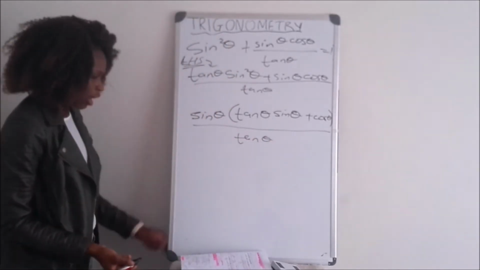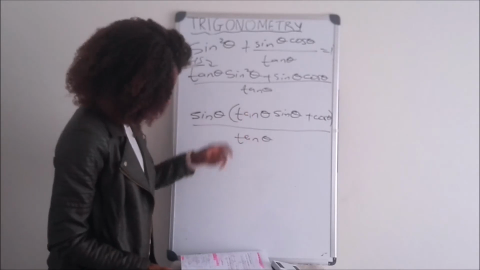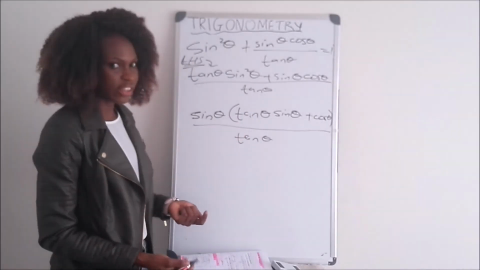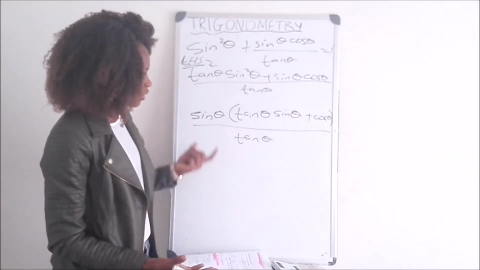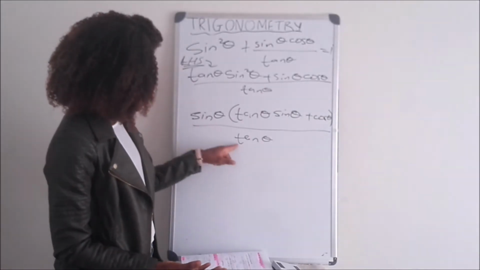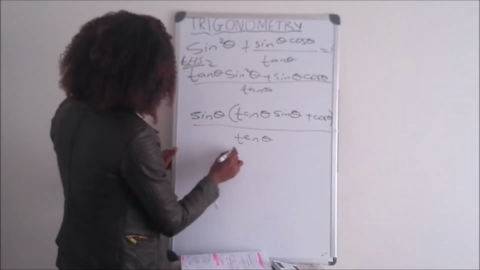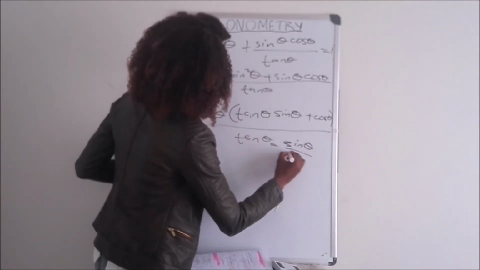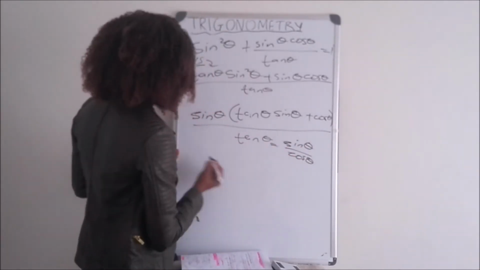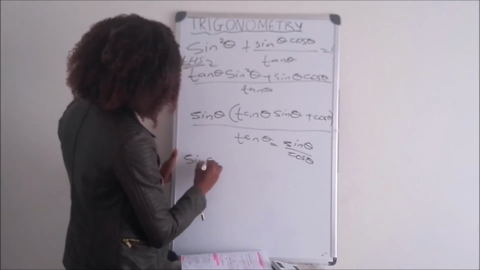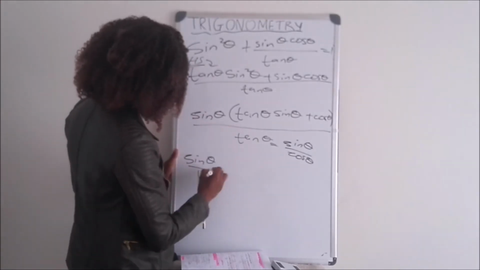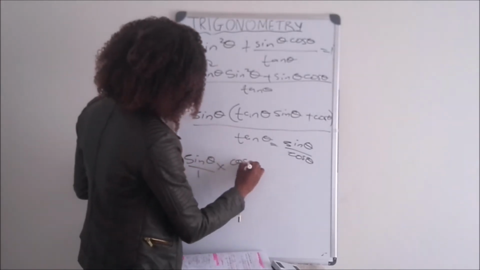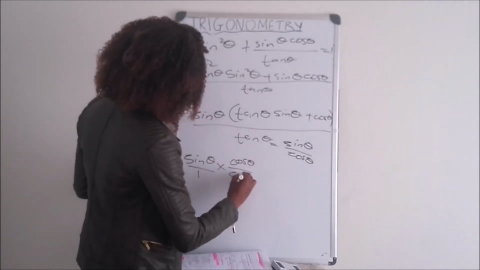Alright, from here now, remember tan theta, we can change it to be sine theta divided by cos theta. But looking at them, they won't cancel out, so let's first look at the tan theta. Tan theta is equals to sine theta divided by cos theta. Then we'll have sine theta divided by 1 in the numerator, multiplied by cos theta divided by sine theta.